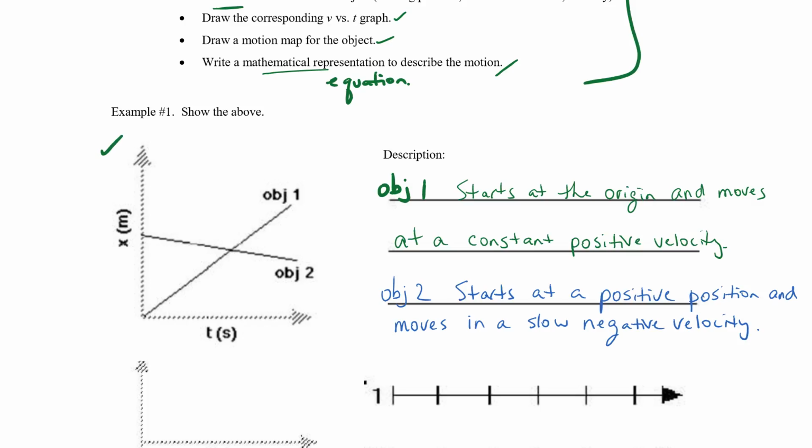Okay, so I wrote that object number 1 starts at the origin, here it is, and moves at a constant positive velocity. Object number 2 starts at a positive position, so that'd be up here, and moves in a slow negative velocity. How do I know it's slow? Because the slope is not very steep at all.